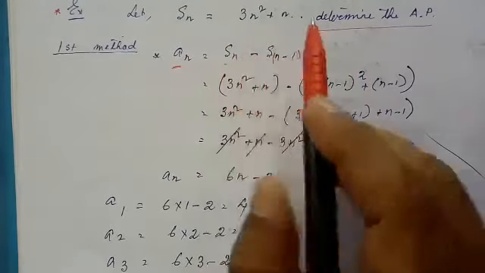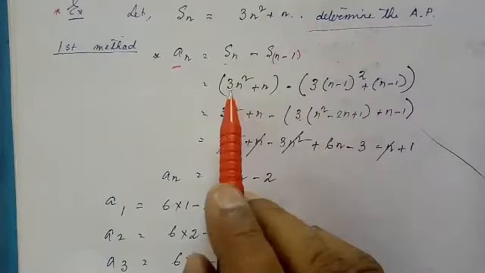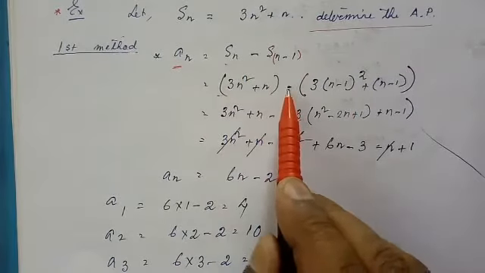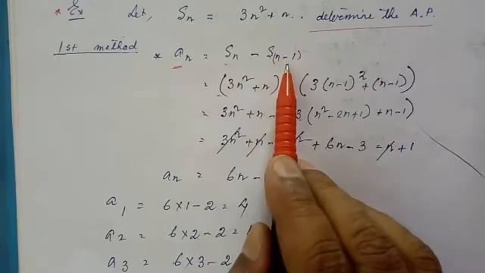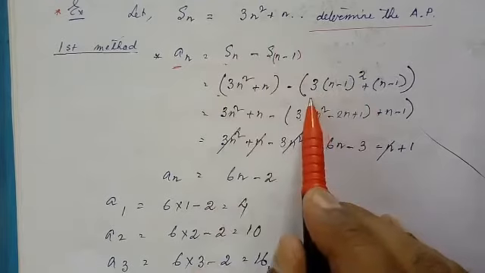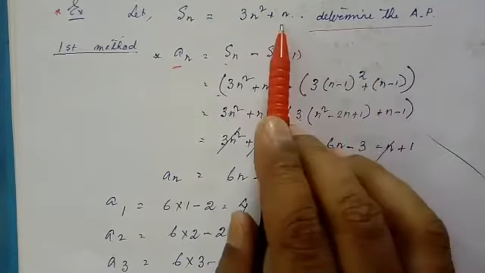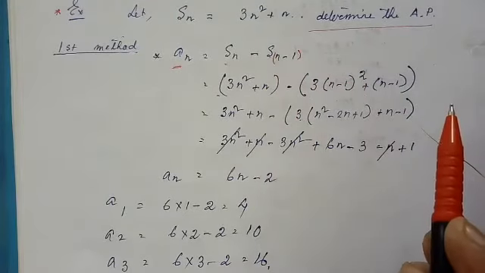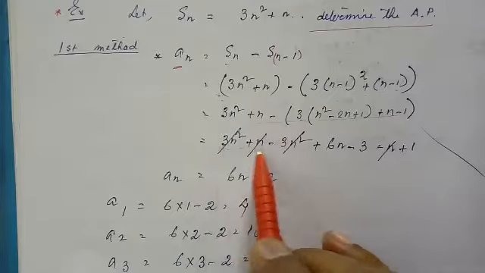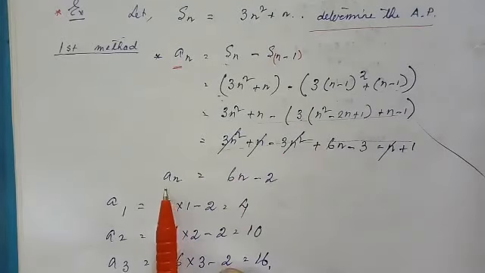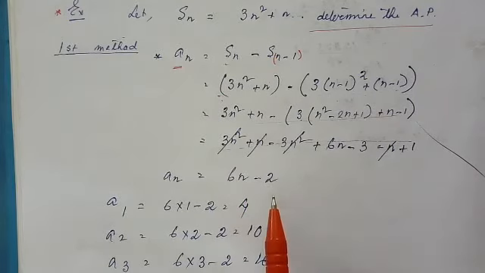So what is Sn? 3n square plus n. 3n square plus n minus Sn minus 1. That is, n is replaced by n minus 1. Similarly, 3 into n minus 1 whole square plus n minus 1. Simplifying this, we will get An is equal to 6n minus 2.